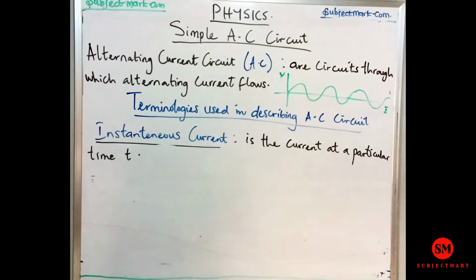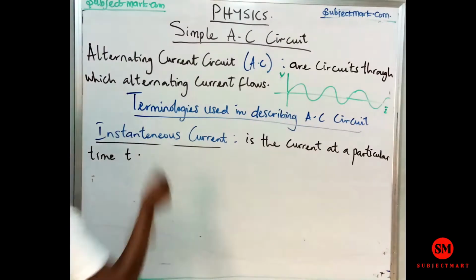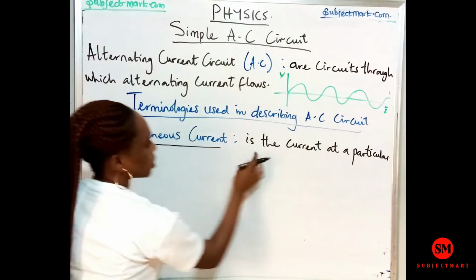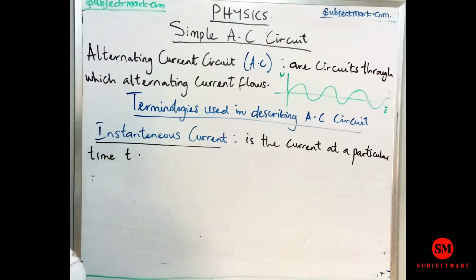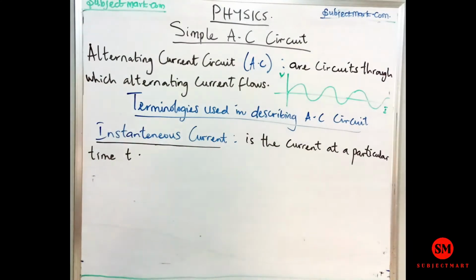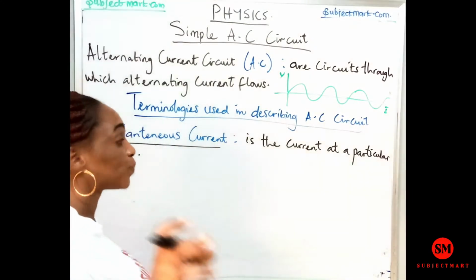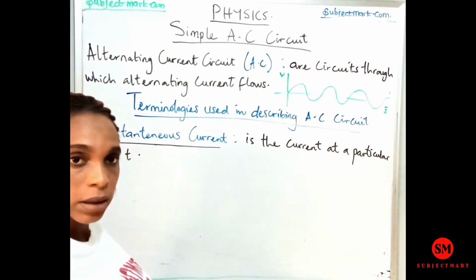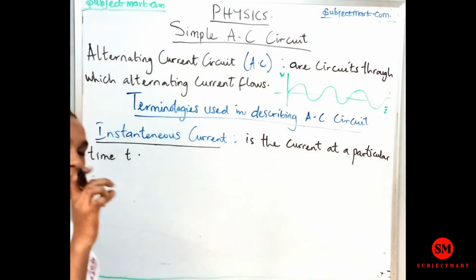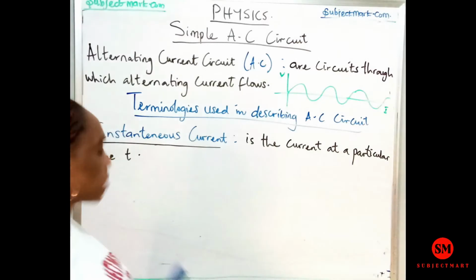Okay, quickly, we're going to consider some terminologies used in describing AC circuit. The first one here is instantaneous current. Instantaneous current is the current at a particular time t. If you remember, just like we have instantaneous speed, the speed at a particular time t, the same thing is applicable here.